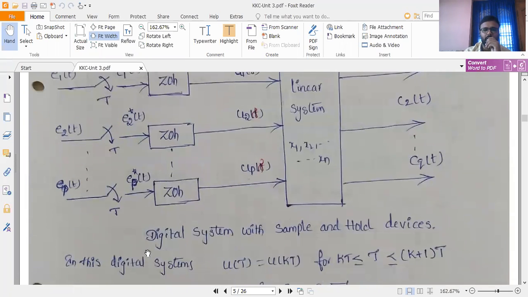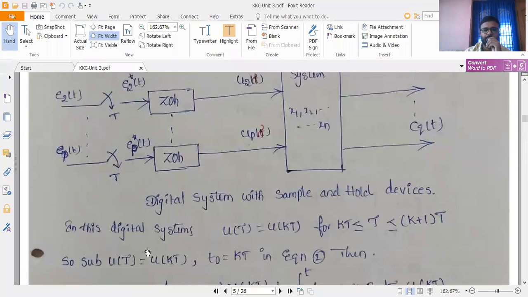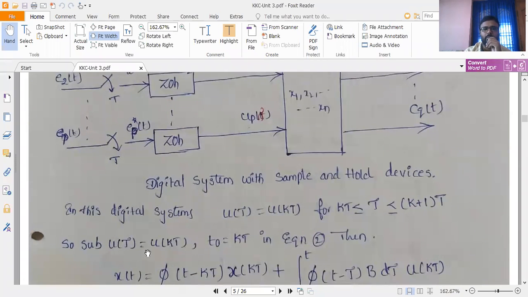Now we are going to frame the state equations for these sample and hold devices.